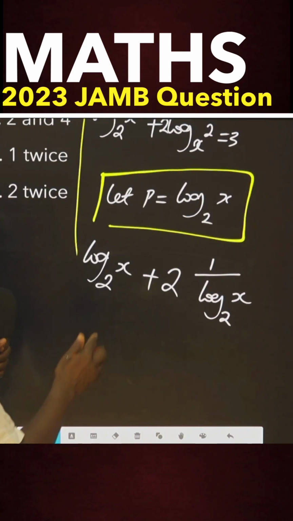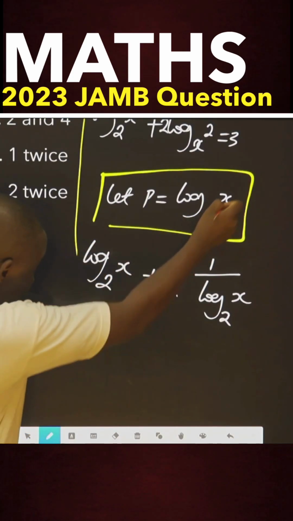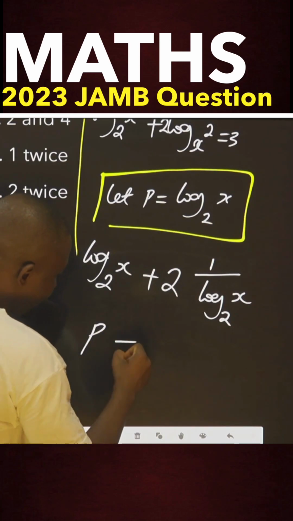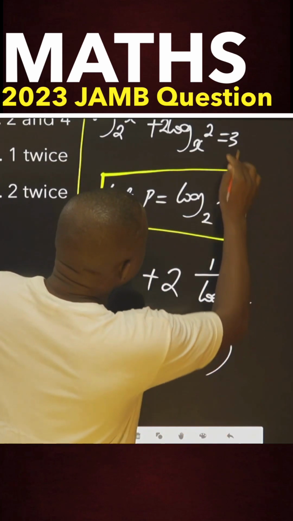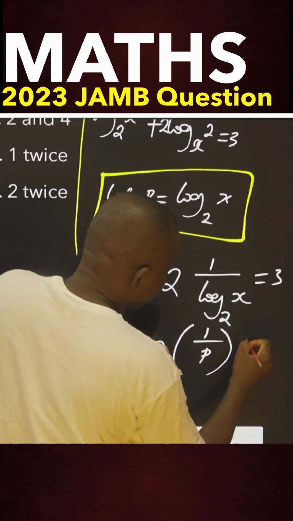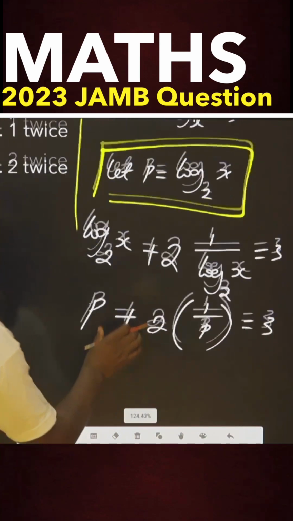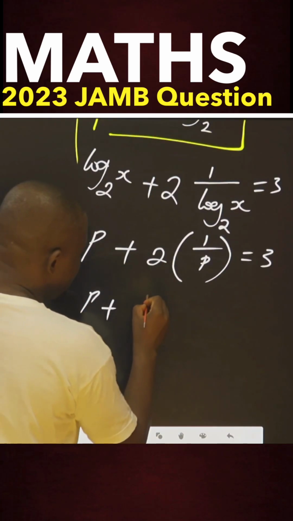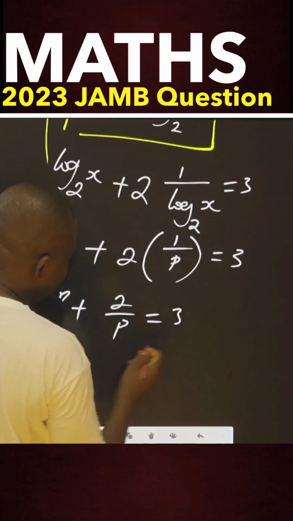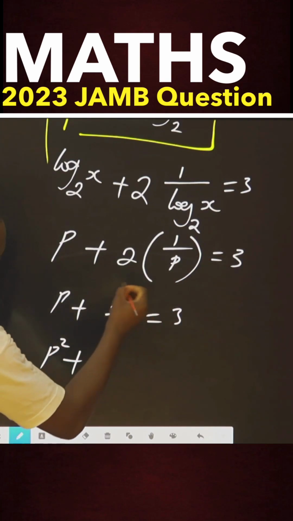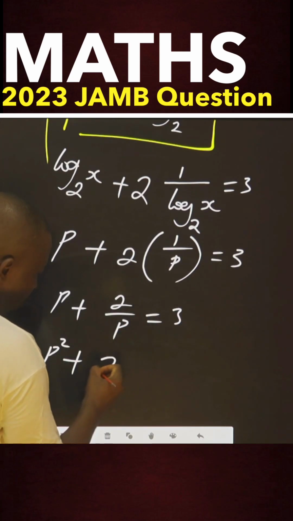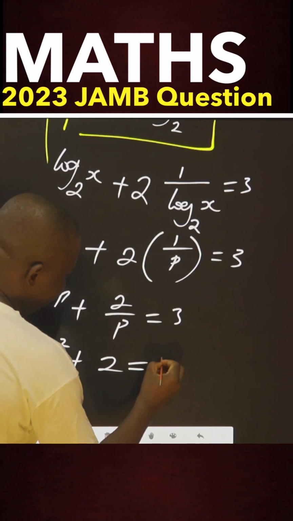Now, I can come here to say this now is p. This is 2 times 1 over p. Remember, we still have equal to 3 here. Now, we can say p + 2 over p equals to 3. We multiply throughout by p. This multiplied by p is p squared, plus this and p will cancel, then 3p.